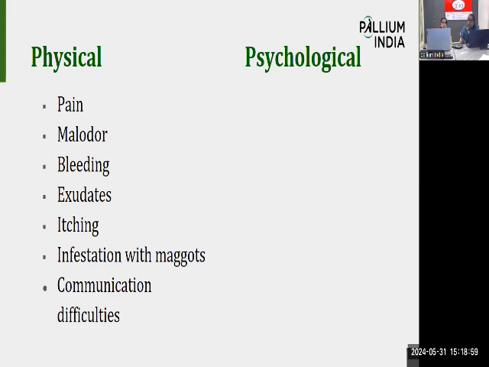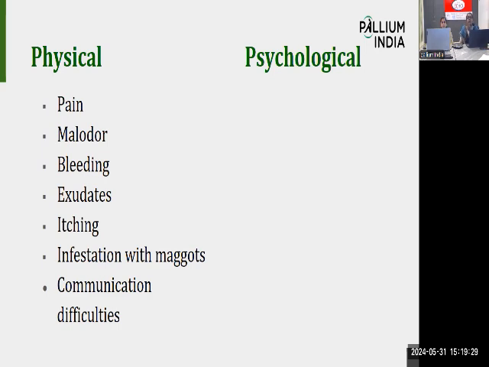And the exudate. Exudate means oozing out of purulent discharge, or pus, from the wound. Sometimes it is oozing out of liquid, like watery discharge from the wound. These kinds of discharge we call exudate. And itching has two causes.